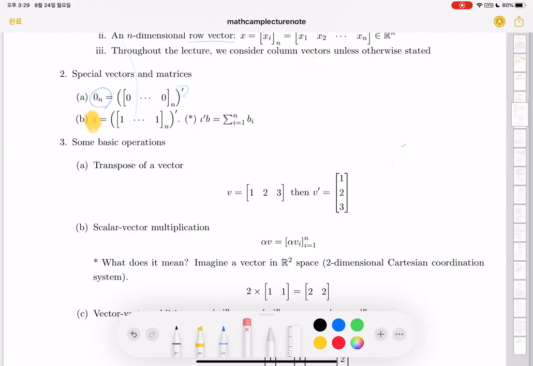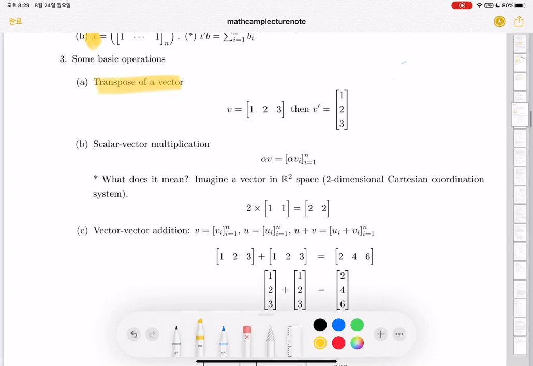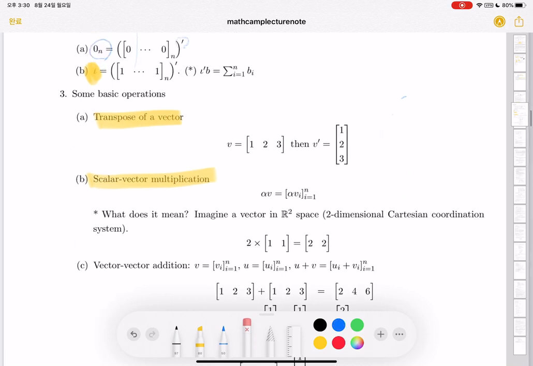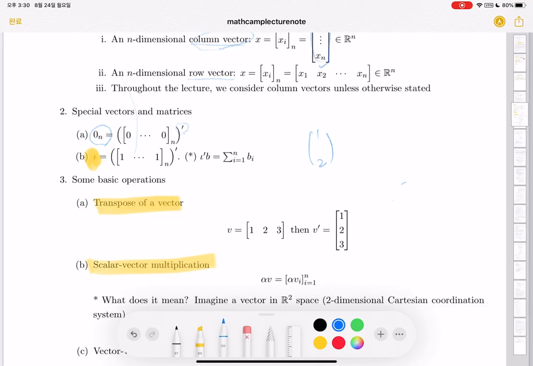Here are some basic operations. Transpose, we already mentioned. Scalar vector multiplication: if you multiply 3 to the vector 1, 2, 3, it means 3, 6, 9. In terms of graphical representation, let's think about this vector 1, 2. 1, 2 is a point in the two-dimensional Euclidean space.